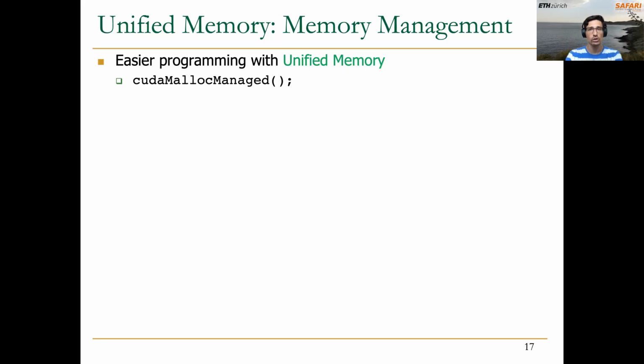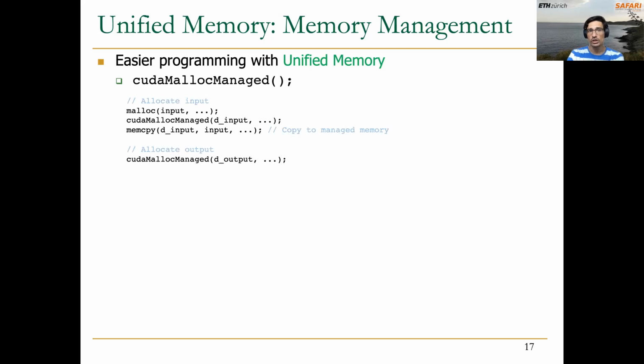In the case of CUDA, it's called cudaMallocManaged, and even though here we are also still allocating the input separately on the CPU memory, this cudaMallocManaged is in the unified memory space. So that's why we can, for example, use a regular memcpy to copy the input, that might have been generated or loaded from a file, into the shared memory space. And then we similarly can allocate the output.